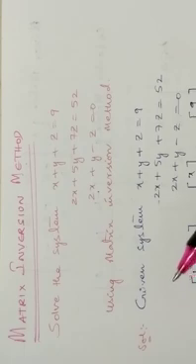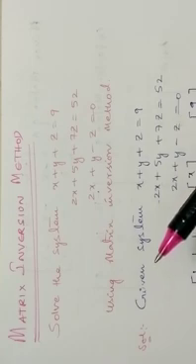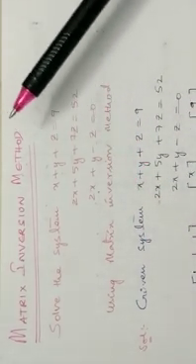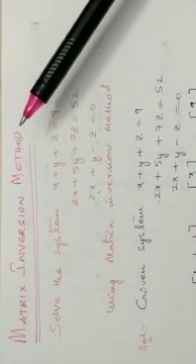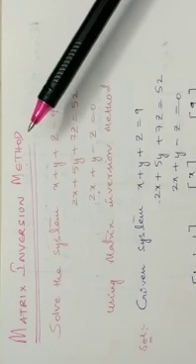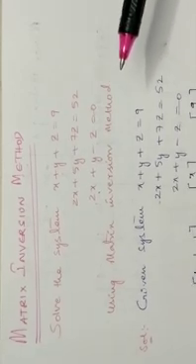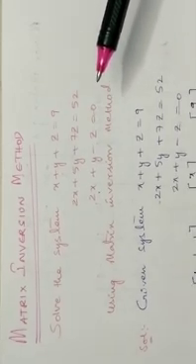Already we have seen how to solve a system using Cramer's method. Now we try to see how to solve a system using Matrix Inversion method. There are different methods to solve a system, of which matrix inversion is one among them.